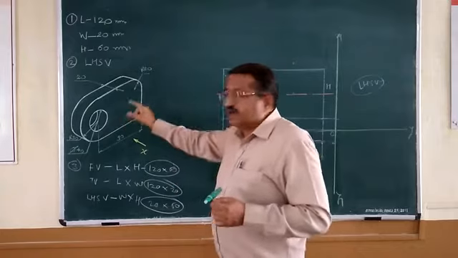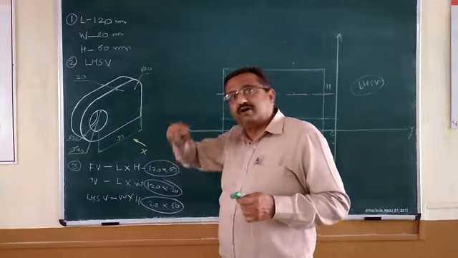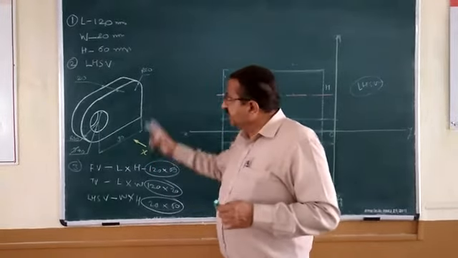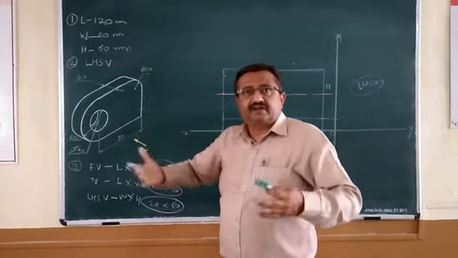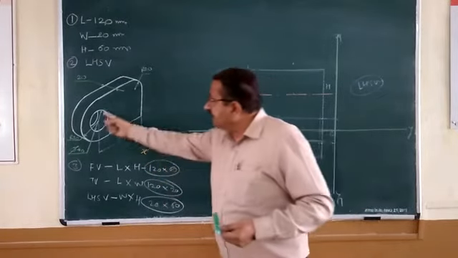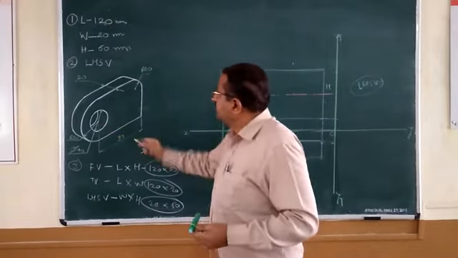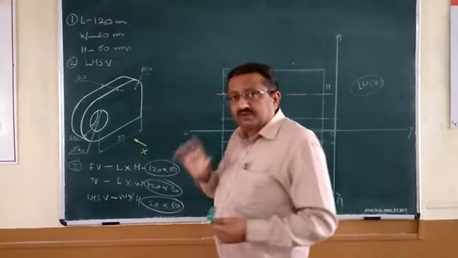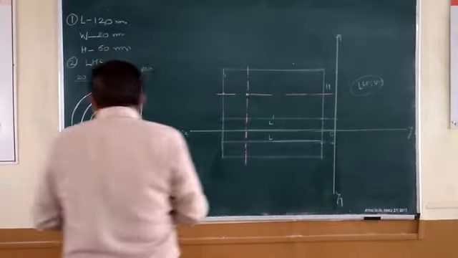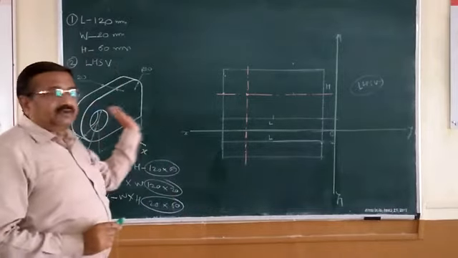But those are circular, semicircular, or quarter circular in nature. So in 2D, those should reflect their image as circular, semicircular, and quarter circular. One should know that, and accordingly we have to draw it.